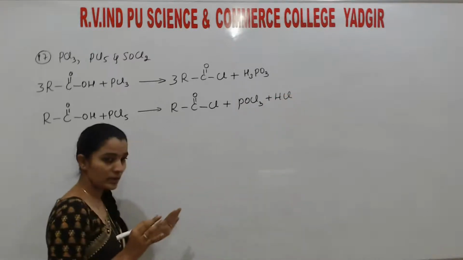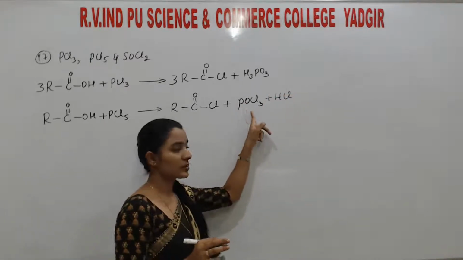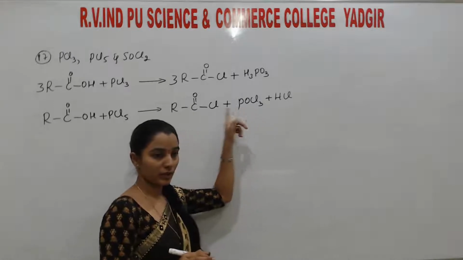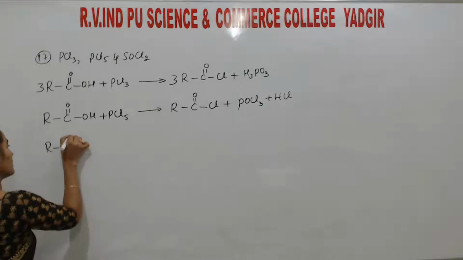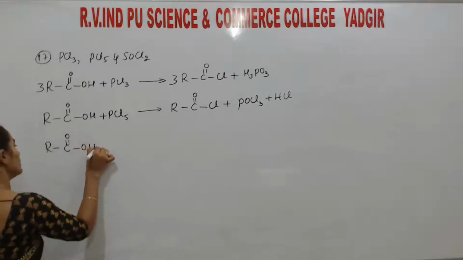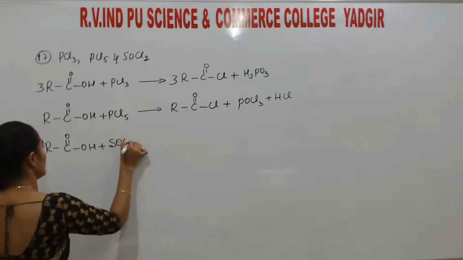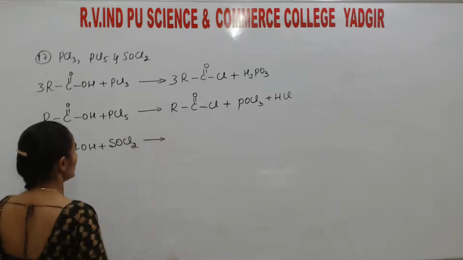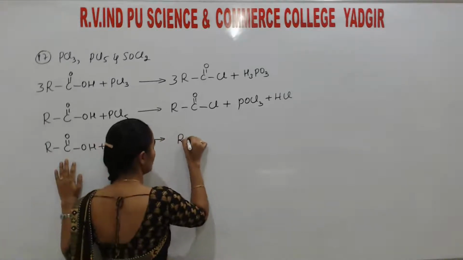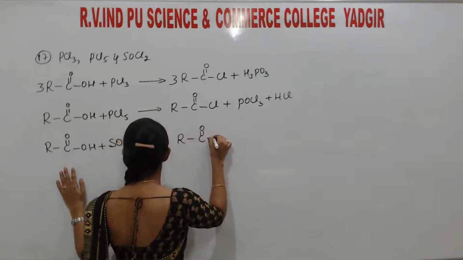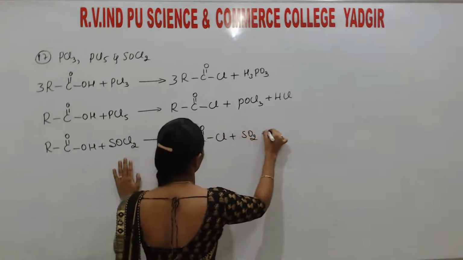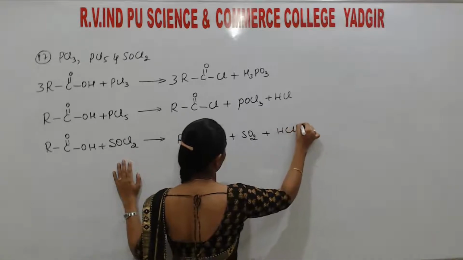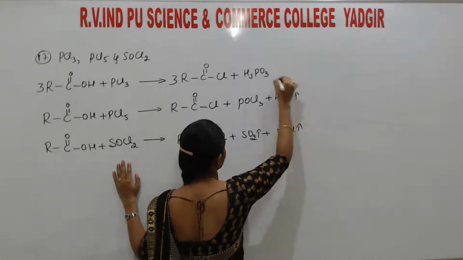Wherever PCl5 is there, POCl3 must be the byproduct. And next, if you take R-C double bond O-OH in presence of SOCl2, then you get R-C double bond O-Cl plus SO2 plus HCl. Both are gases, they escape.